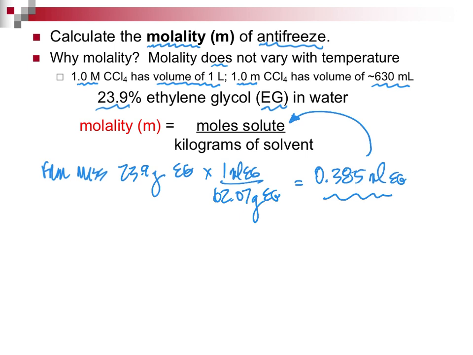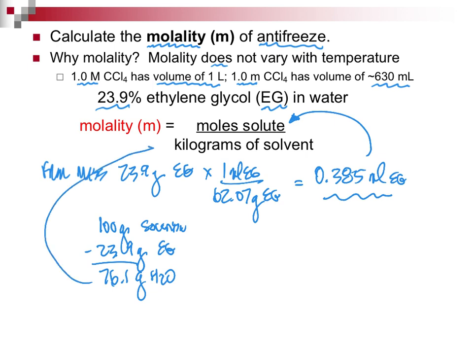How many kilograms of solvent do I have? Well, if I had 100 grams of solution, and I knew there were 23.9 grams of ethylene glycol, it would tell me there are 76.1 grams of water. That is my, I hate to draw an arrow, but I will, that is my amount of solvent.